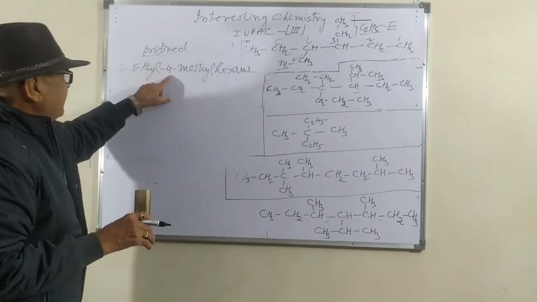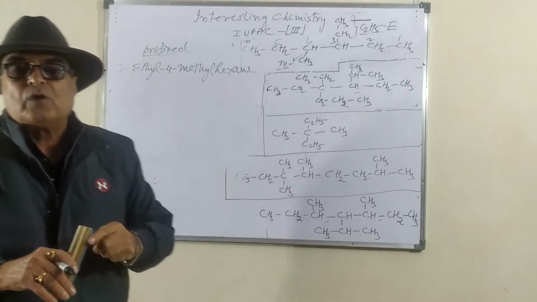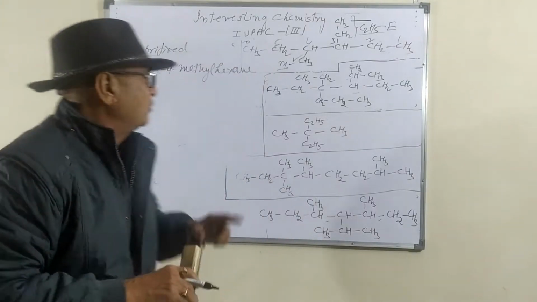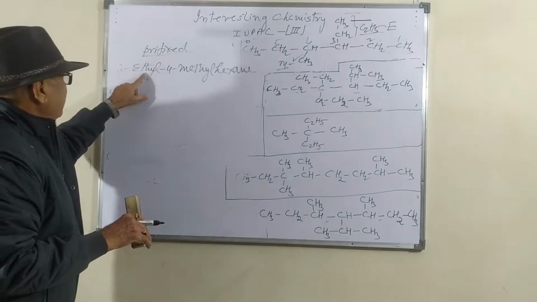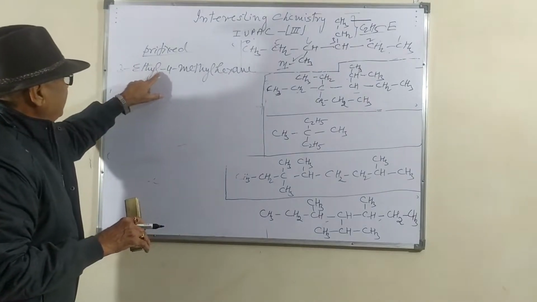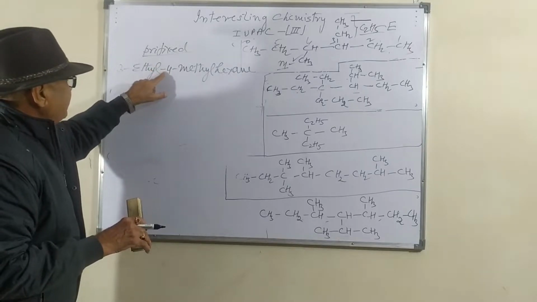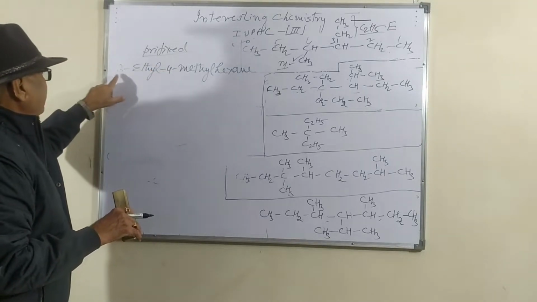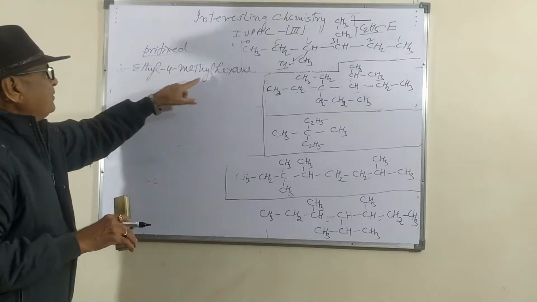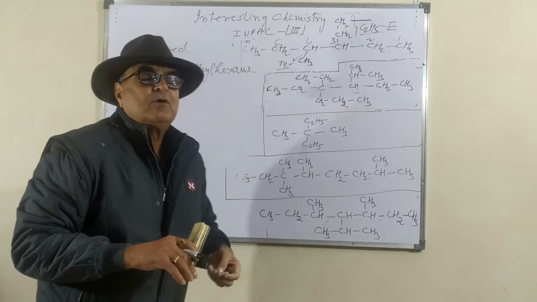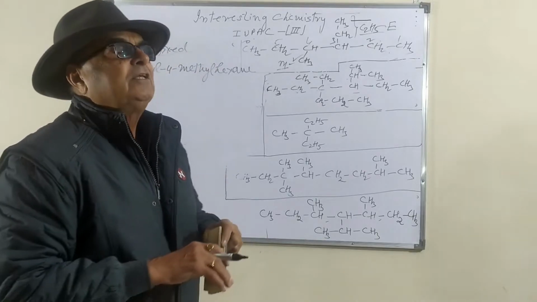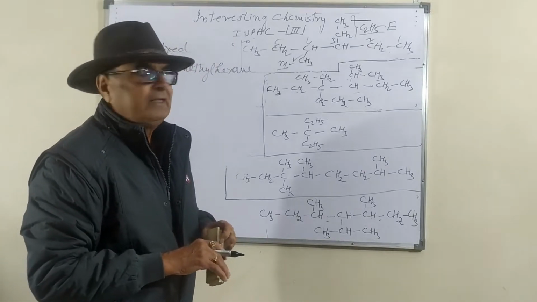So numbers and words should be joined with a hyphen. You will write ethyl as the word and 3 as the number, with a hyphen in this way: 3-ethyl, 4-methyl hexane. The name of structure one is 3-ethyl, 4-methyl hexane.